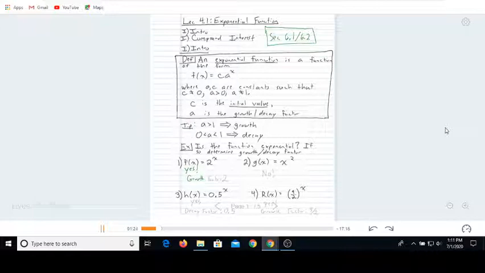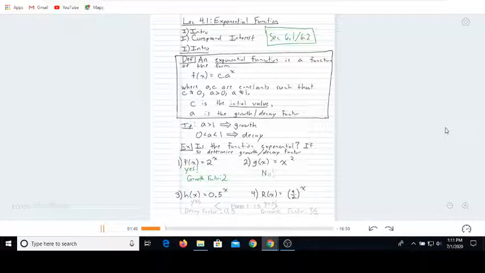And it has a growth factor of 2, because that's the base. Now notice it's growing. That's because the base is bigger than 1. So as x increases, it's getting bigger. Think about 2 to the first, 2 to the second, 2 to the third, 2 to the fourth. Every time you increase the power by 1, you're multiplying by another multiple of 2, so it is growing.